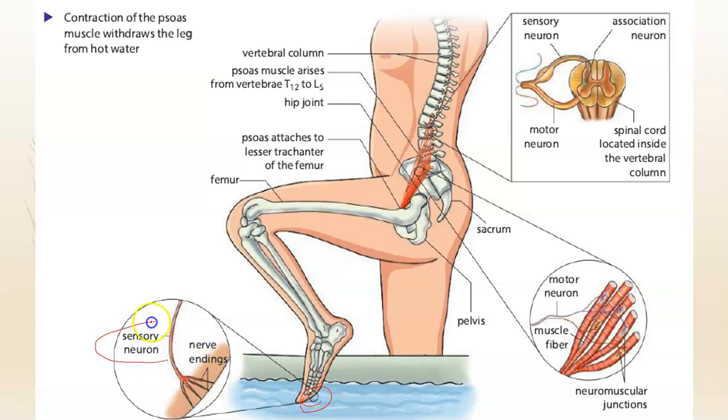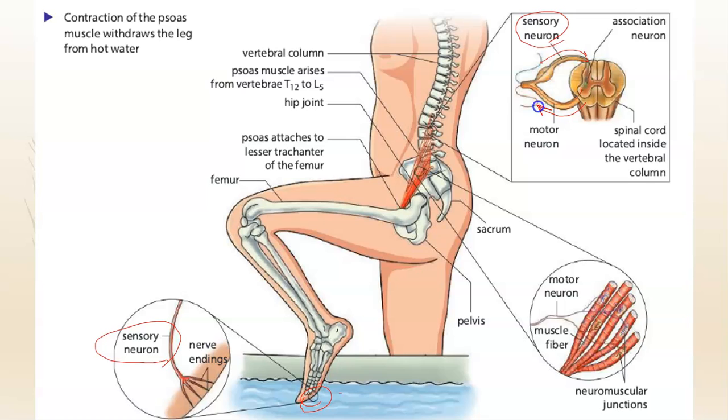So this is the sensory neuron, and this sensory neuron passes the information from the hot bath by impulses into your spinal cord.